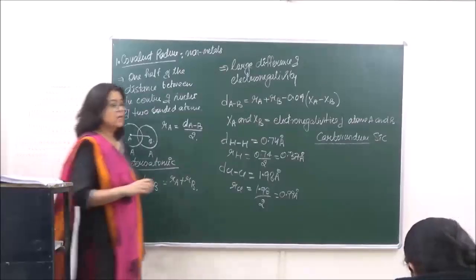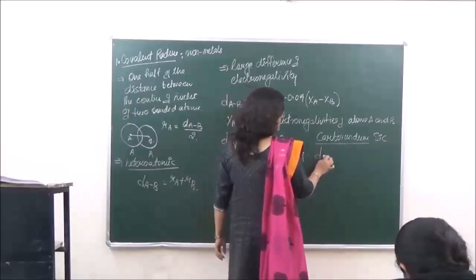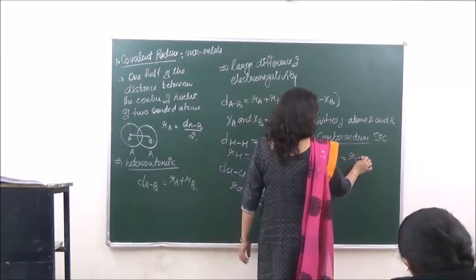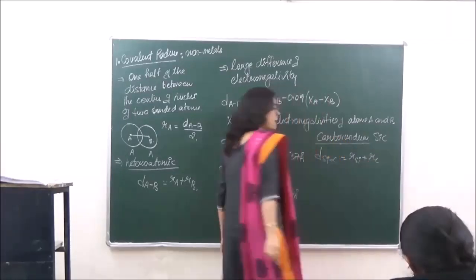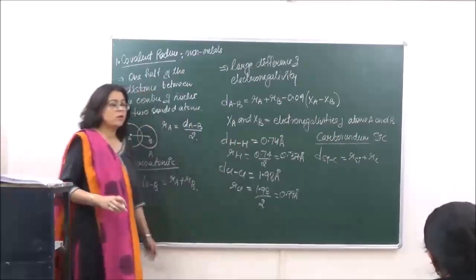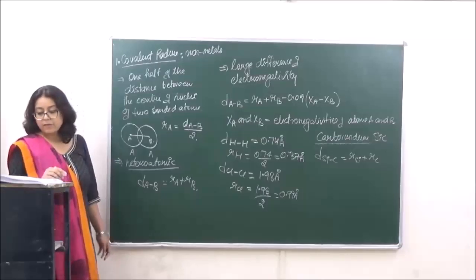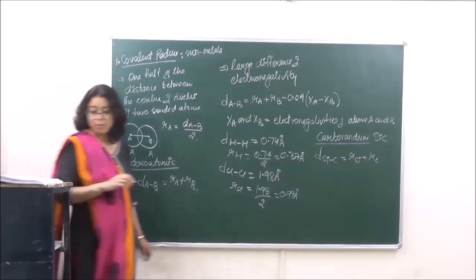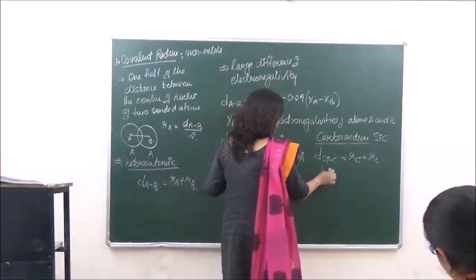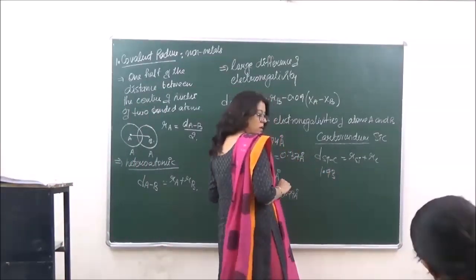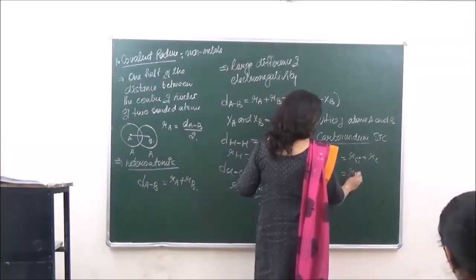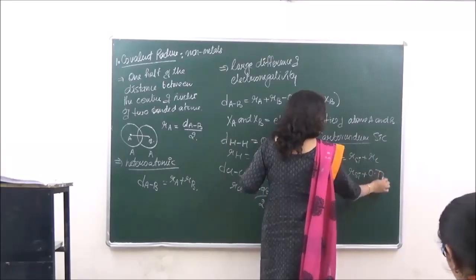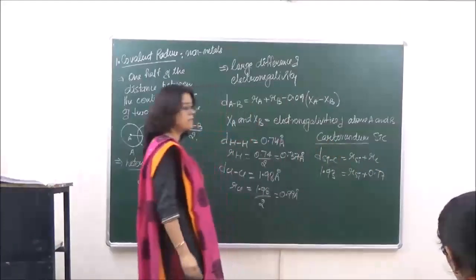Now in this case, the distance Si-C is going to be equal to radius of silicon plus radius of carbon. This is the formula because it is heteroatomic in nature. Okay. Now the distance between silicon and carbon is 1.93, right? And the radius of carbon is calculated to be 0.77.